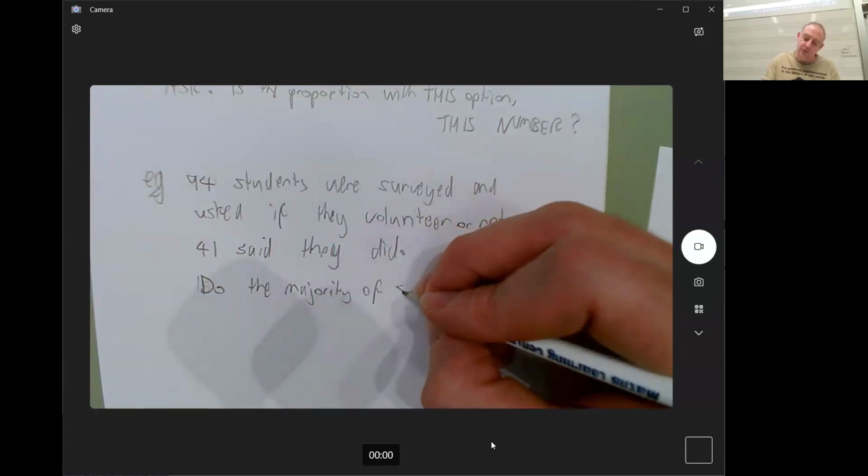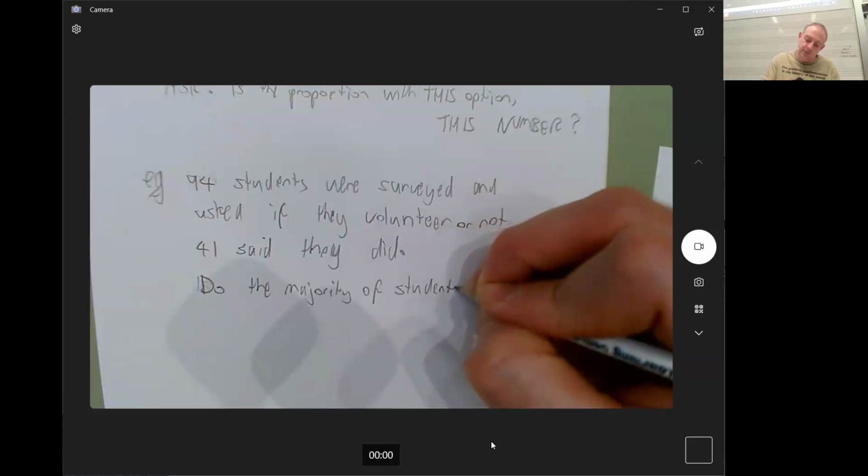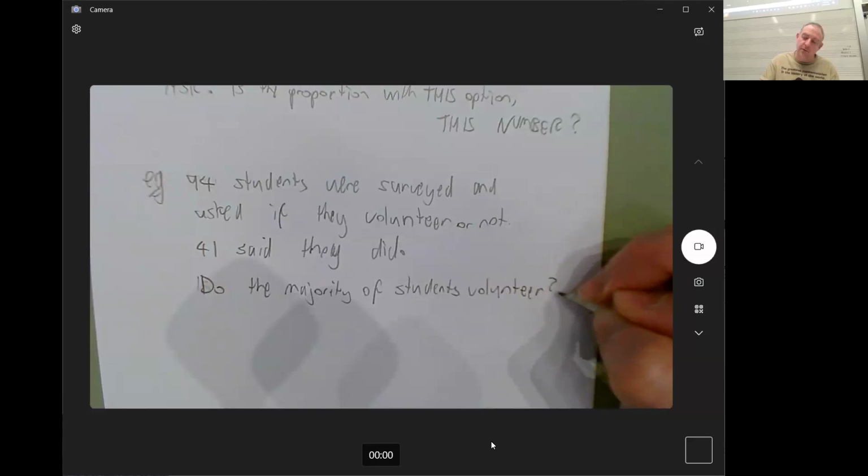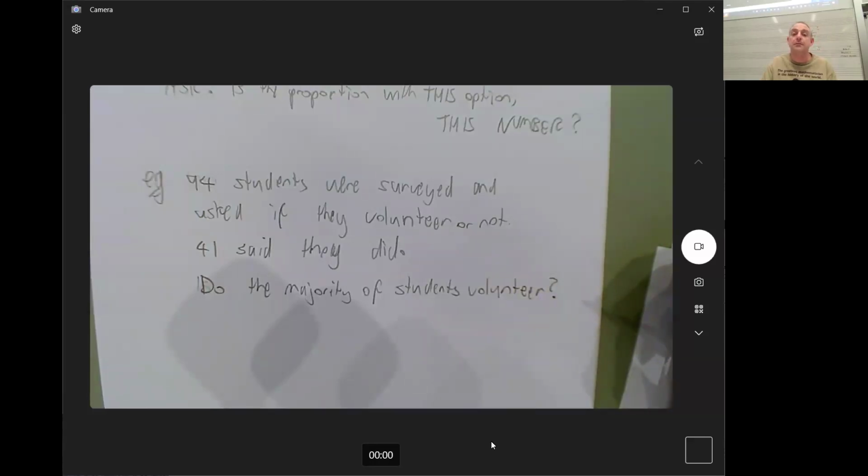Do the majority of students volunteer? That's the question.